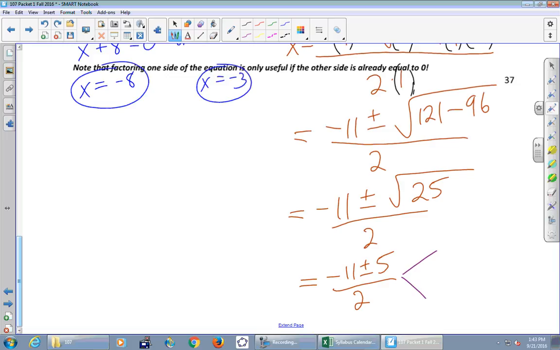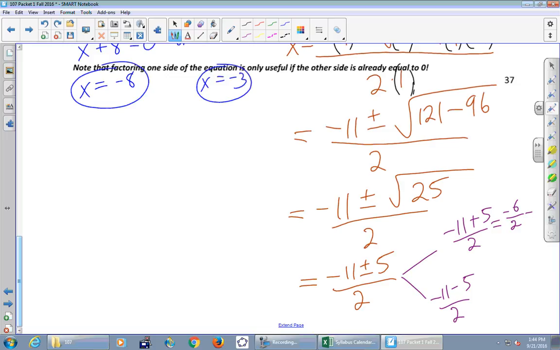So typically at this moment, only because the square root of 25 was something nice, we should split this up and write negative 11 plus 5 over 2 and negative 11 minus 5 over 2. Okay, negative 11 plus 5, that's a negative 6.